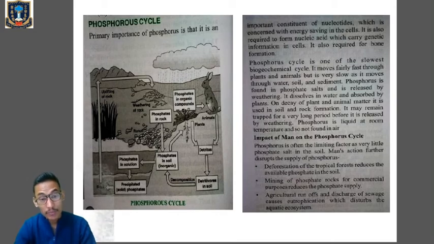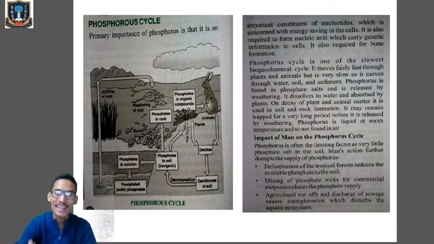So sugar plus base will form the nucleoside, and nucleoside plus phosphate, or simply phosphorus, will form the nucleotide. So phosphorus is one of the most essential components of this nucleotide. It is also essential for the formation of nucleic acids, because it will form the backbone of nucleic acids or DNA.